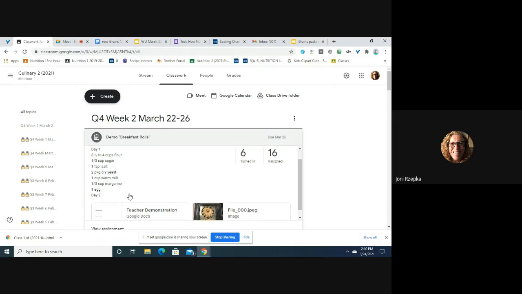And I think the yield for that, if you were doing it with loose yeast, would be 2 1/4 teaspoons. So you would need 4 1/2 teaspoons of yeast to make that.